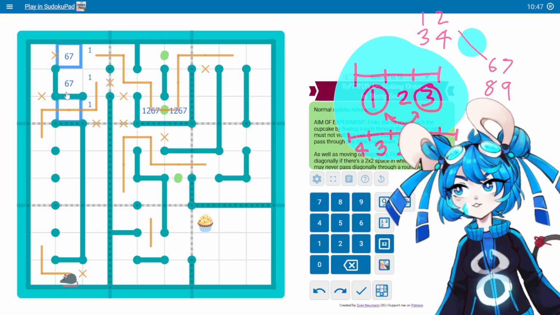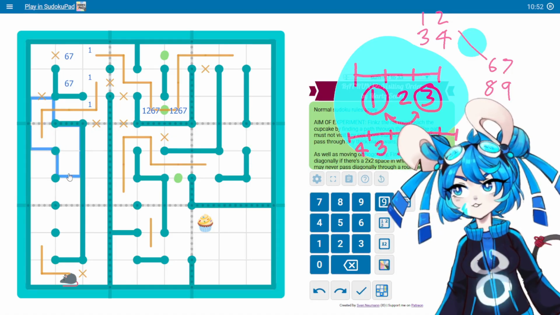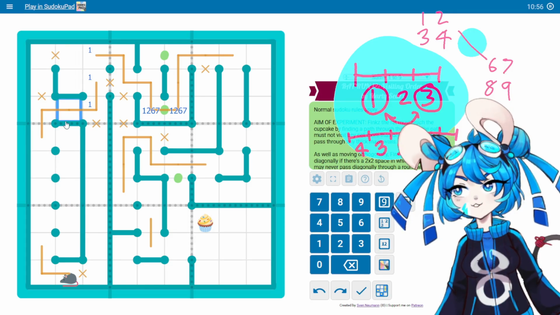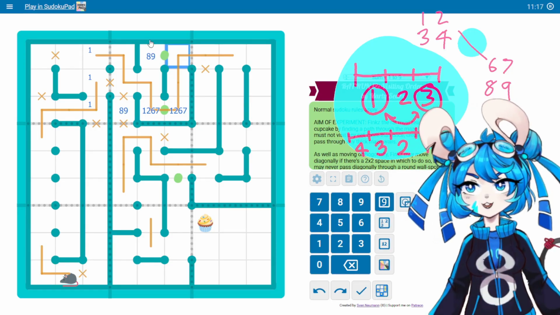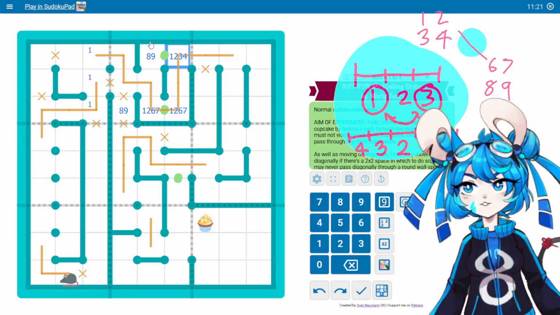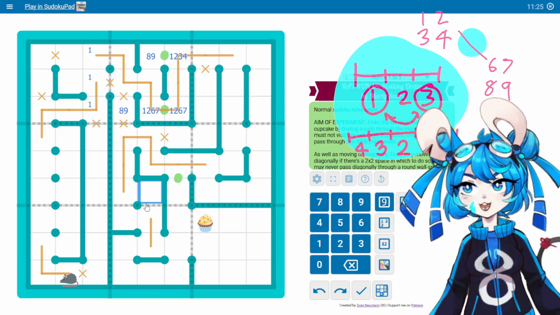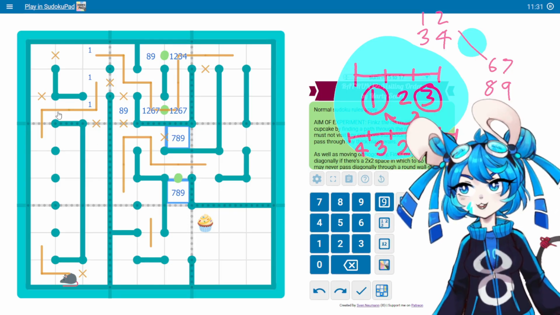1, 2, 1, 2, 3. 1, 2, 3, 4, 5. Well, I guess it could be here as well. Right, these 2 digits have to be 8 and 9, which means this has to be a low digit. These three digits, well, we don't know about this one, but this one has to be 7, 8, or 9. They need to be the highest excluded digits.